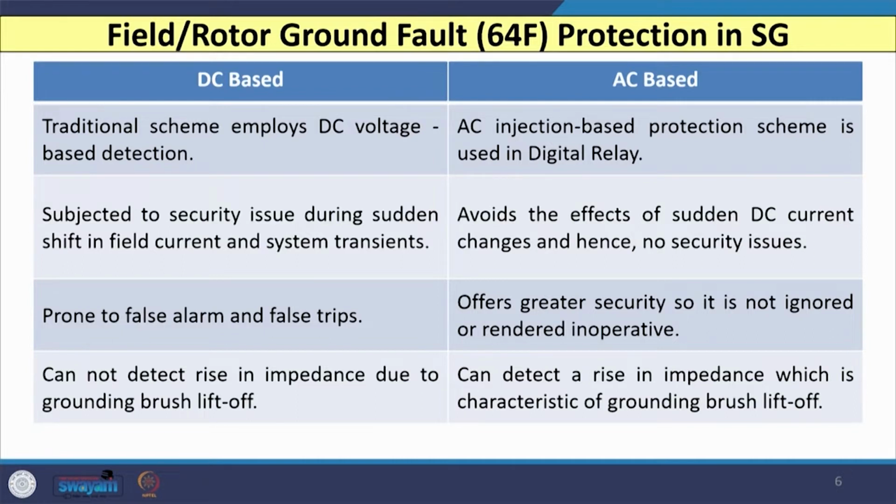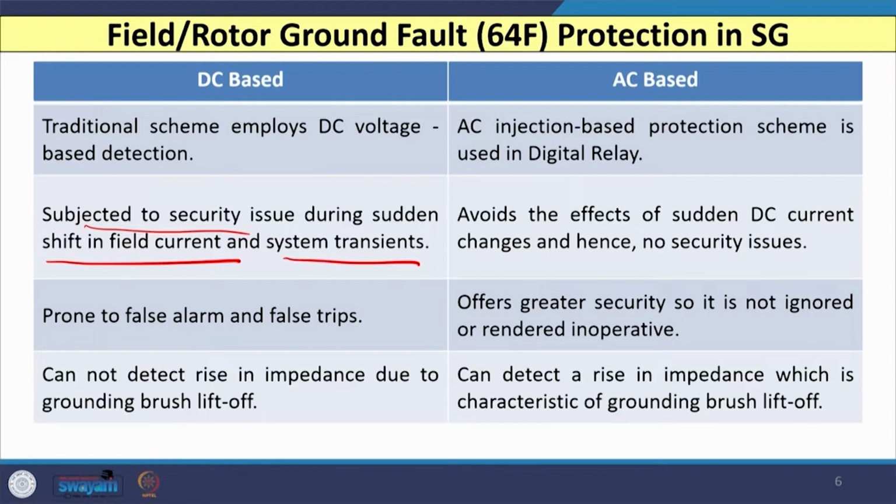However, these DC voltage based detection schemes, which detect the ground fault in the rotor of the synchronous generator, are subject to security issues, particularly when there is a sudden shift in the field current and in case of system transients. So, this type of scheme is not used by utilities nowadays.